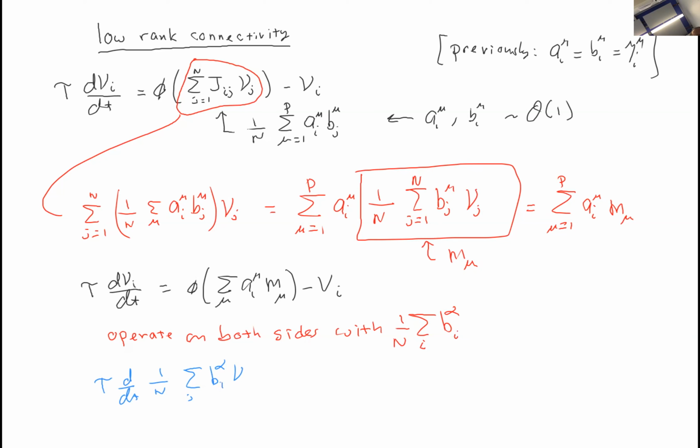B_i^alpha nu_i. And this, of course, is just equal to m_alpha, right?